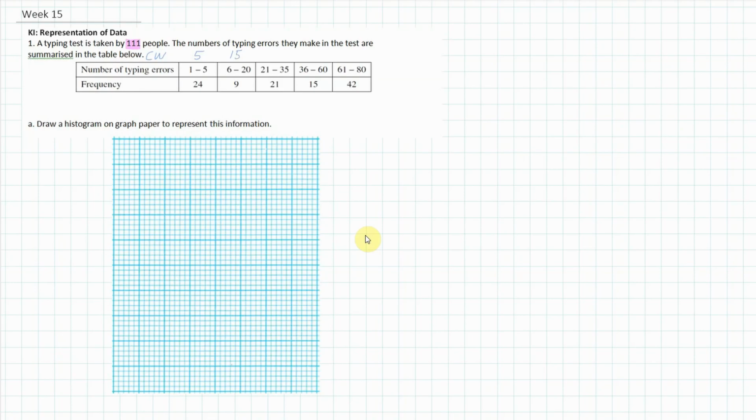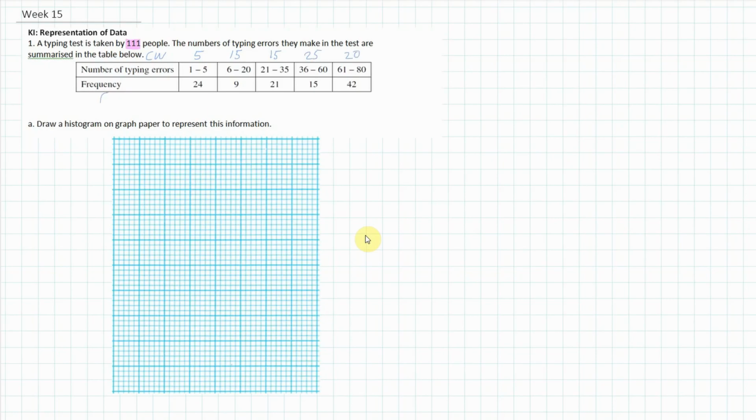The next boundary is from 21 to 35, so it's actually from 20.5 to 35.5, also a class width of 15. The next one is from 35.5 to 60.5, a class width of 25, and the last one is from 60.5 to 80.5, so that's a class width of 20.